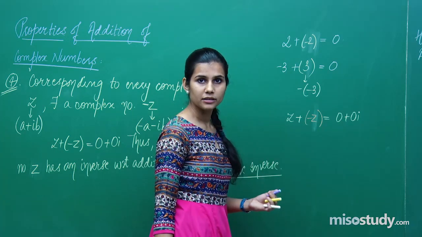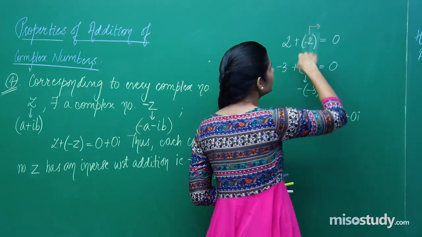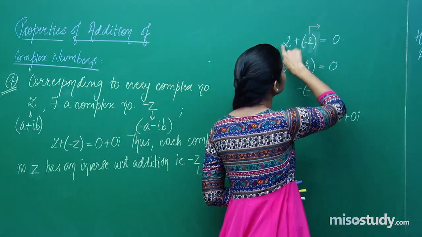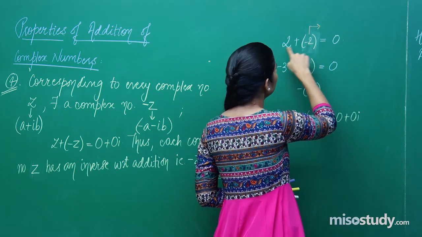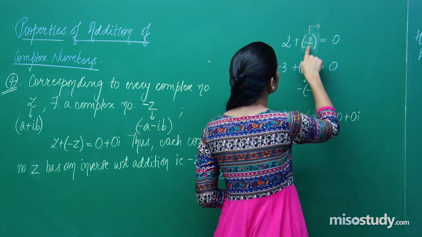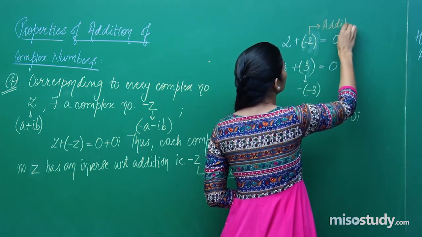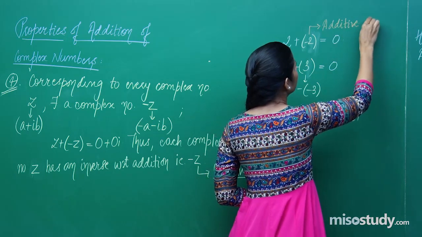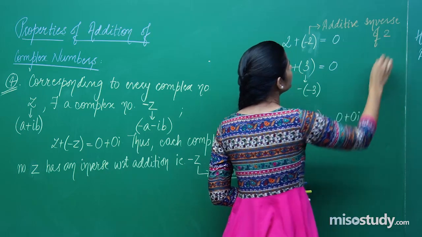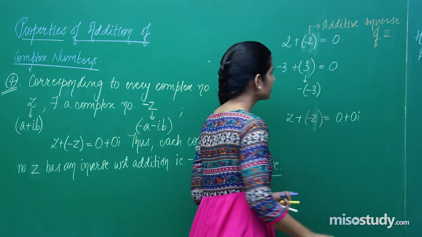Here we say that 2 is invertible with respect to addition, because corresponding to 2 there exists minus 2 such that 2 plus minus 2 is equal to the additive identity. And minus 2 is called the additive inverse of 2, because when it is being added with 2, it is giving you the identity element.